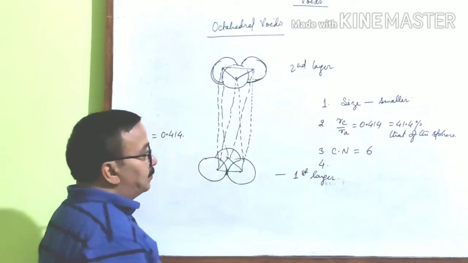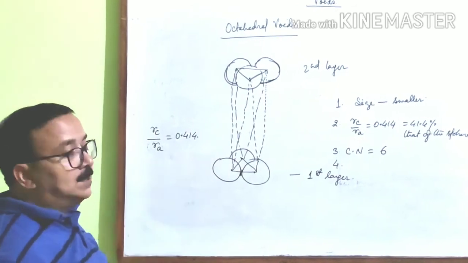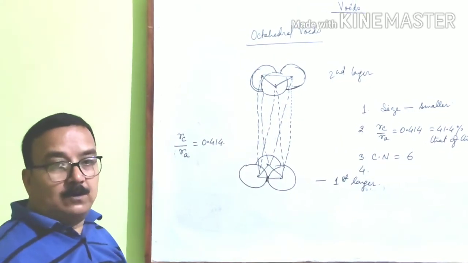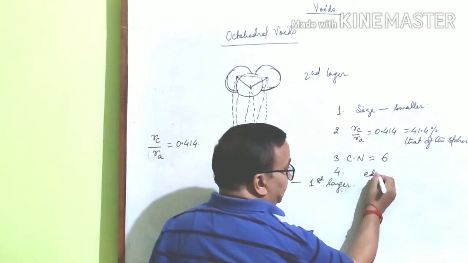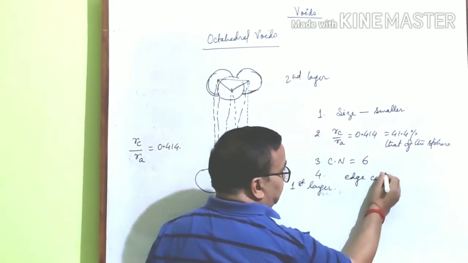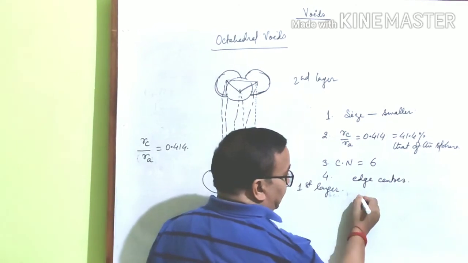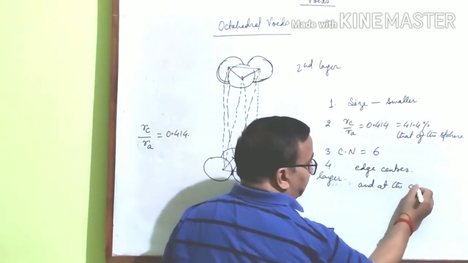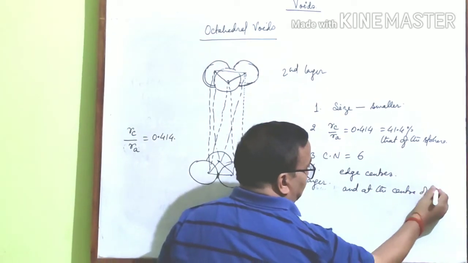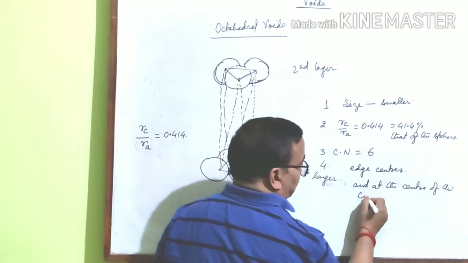Number 4, an octahedral void is always formed at the edge centers and at the center of the cube.